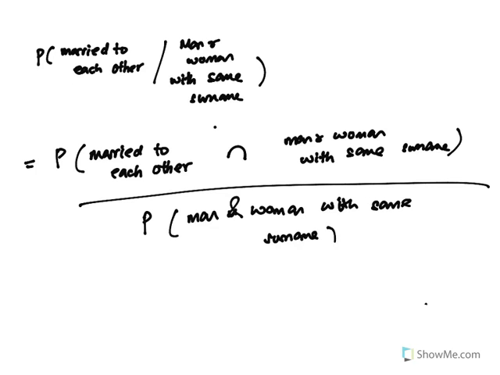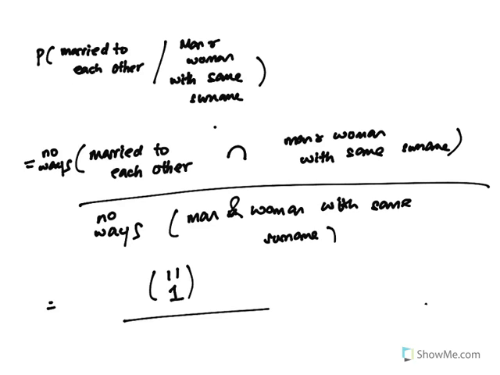So instead of finding probability, we can think about finding the number of ways that they are married to each other, and the number of ways for the denominator. Let's look at the numerator: the number of ways they are married to each other with the same surname. That means we're just choosing one couple, so it's 11 couples, I choose one.